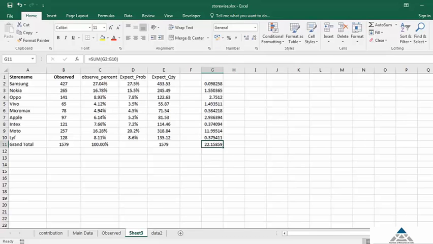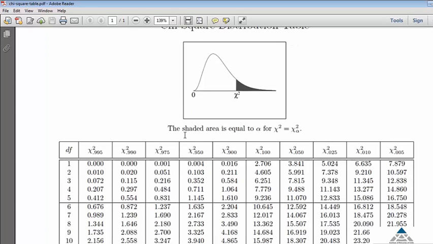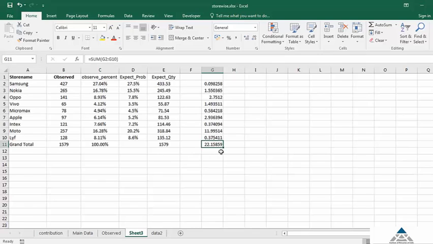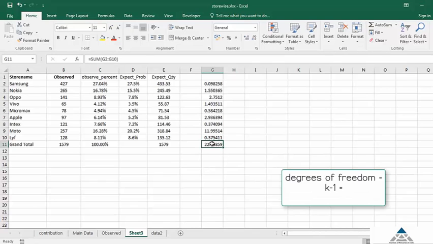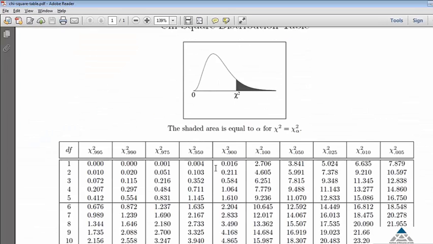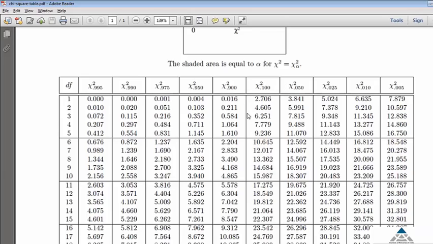Let us now look at the chi-square table to check the tabular value to see if the null hypothesis is rejected or not. The degrees of freedom will be k-1 as mentioned in an earlier video. And since we have 9 companies, thus the degrees of freedom is 8. Remember, had we estimated any parameter, then we would have lost more degrees of freedom. In the table, we have been given greater than values for chi-square.